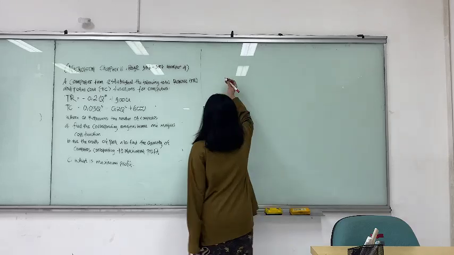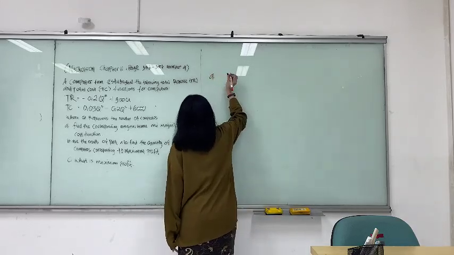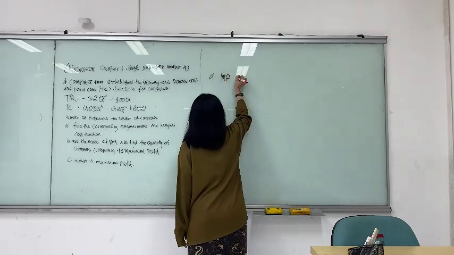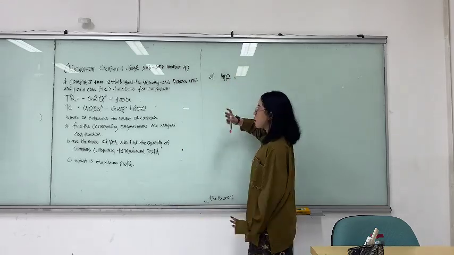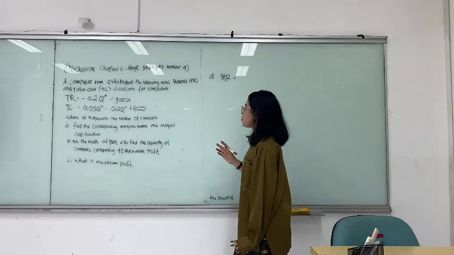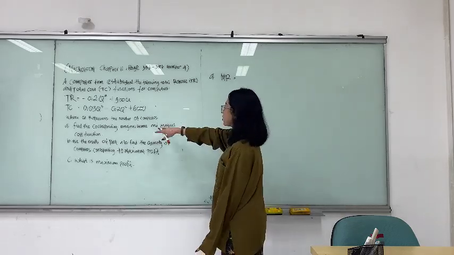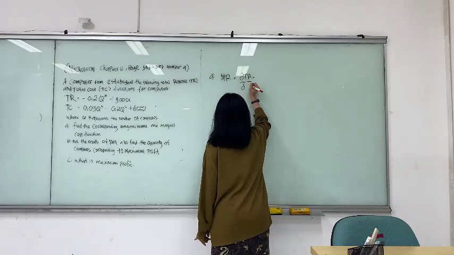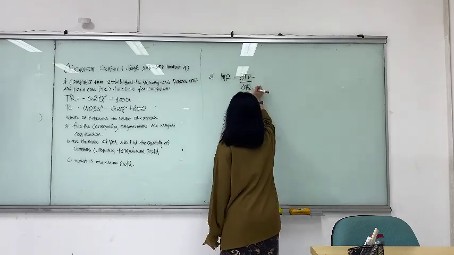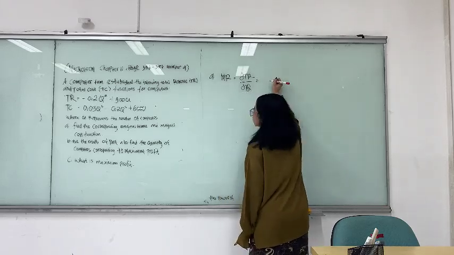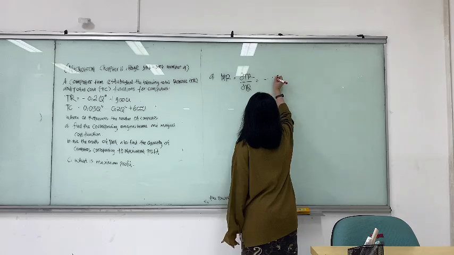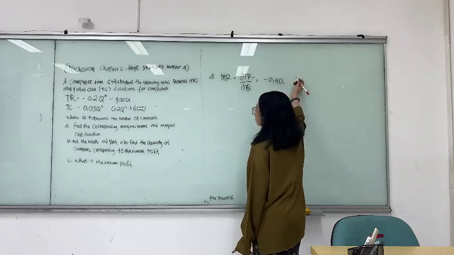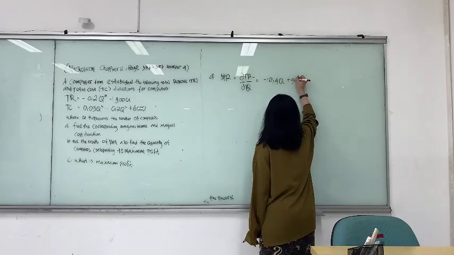So first we find the marginal revenue MR. The first step is to find the derivative of total revenue, dTR/dQ, which equals minus 0.4Q plus 900.